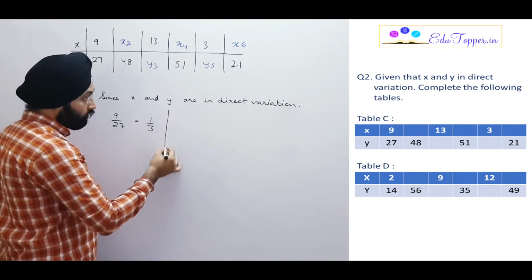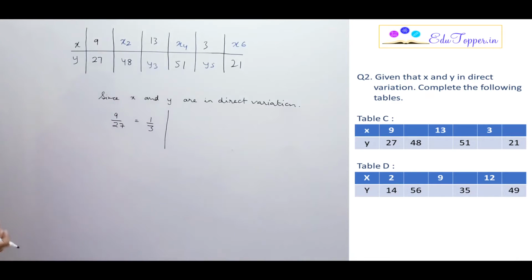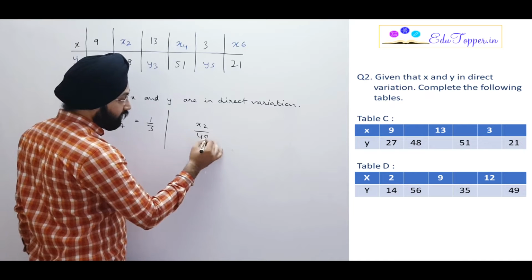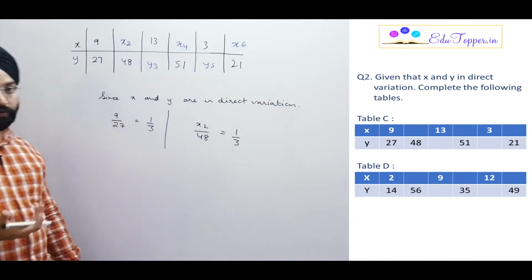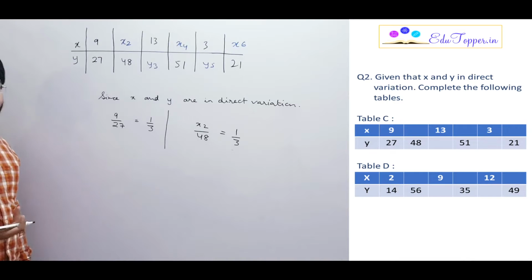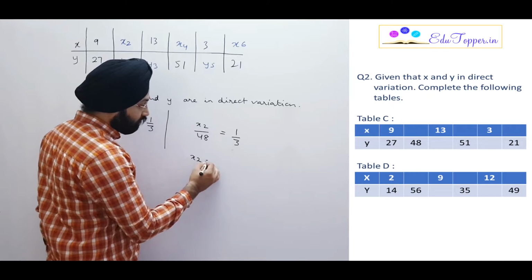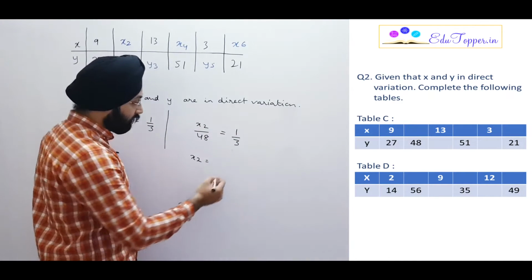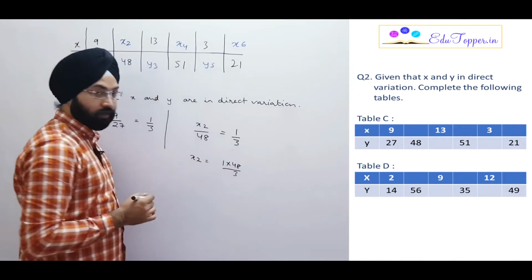Now, since x and y are in direct variation, x2 by 48 should also be equal to 1 by 3. Why? Because the numbers are in direct variation, right? So the value of x2 will be, this 48 will come here and get multiplied by 1. 1 into 48 by 3.